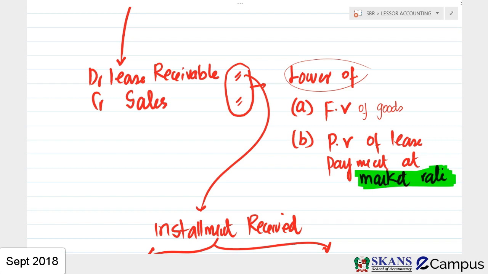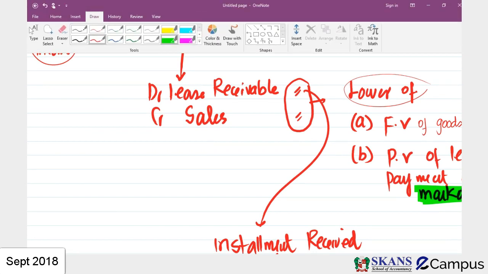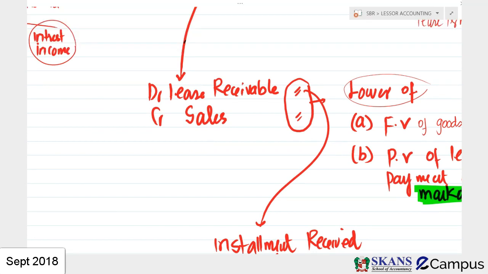On the other hand, you are going to de-recognize the goods as well, and we know the de-recognition entry whenever you sell goods. After the sale, you will always pass a journal entry in which you credit inventory and debit cost of sales.